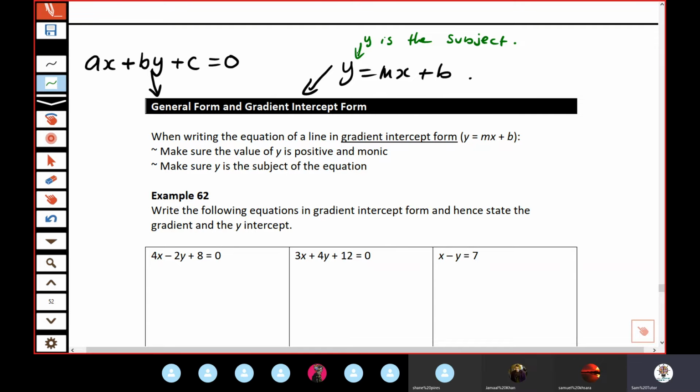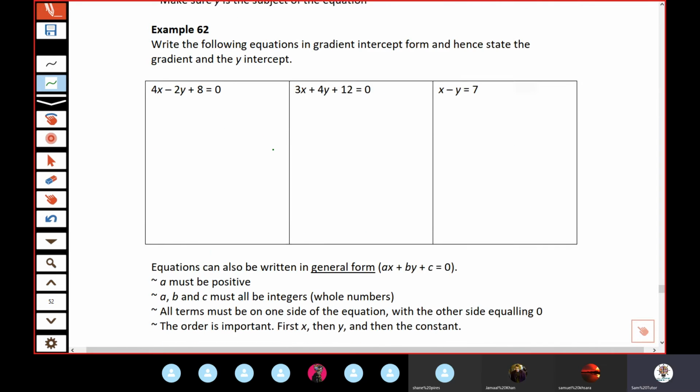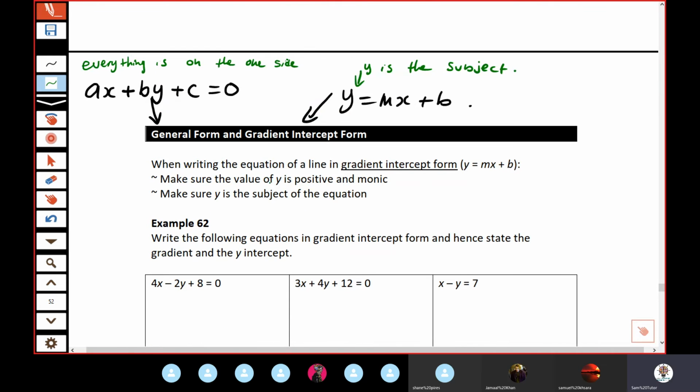Any questions about what I've said there? General form: everything is on the one side. There are no letters on both sides; all the letters are on the one side.